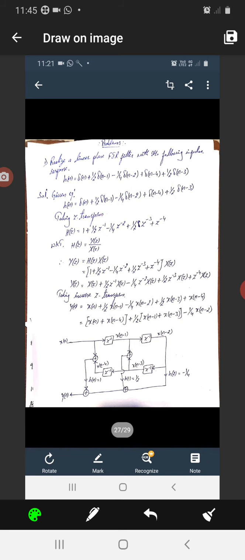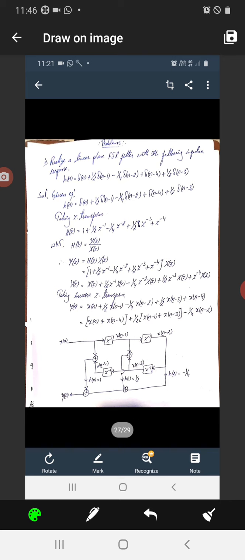The coefficient remains the same, then minus 1 by 4 z raised to minus 2, then 1 by 2 z raised to minus 3, and delta of n minus 4 I can write as z raised to minus 4. This is about taking a z transform.